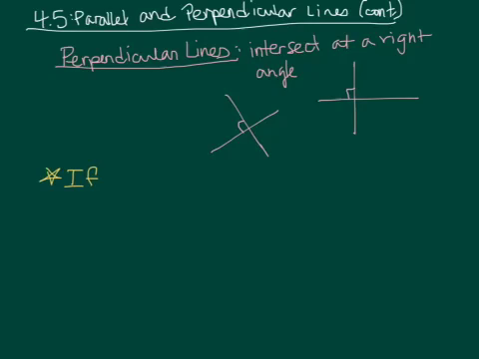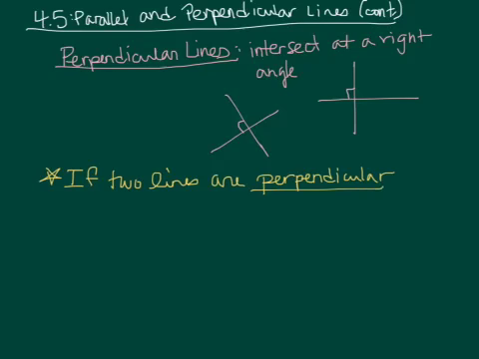So the key thing you need to know is that if two lines are perpendicular, their slopes will be negative reciprocals. And I'll show you what I mean in just a second.